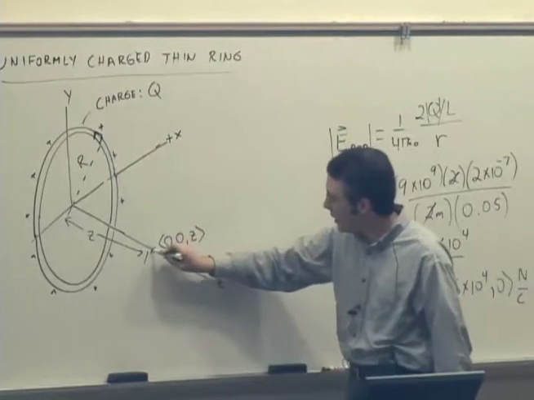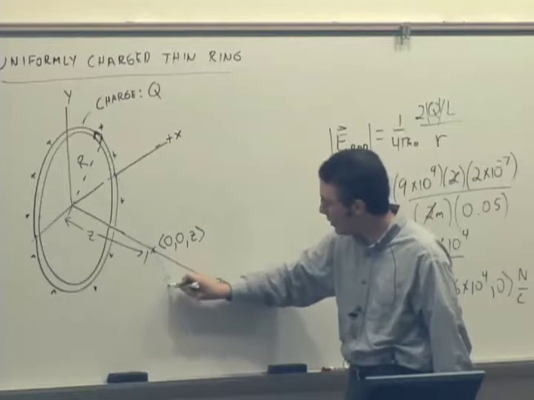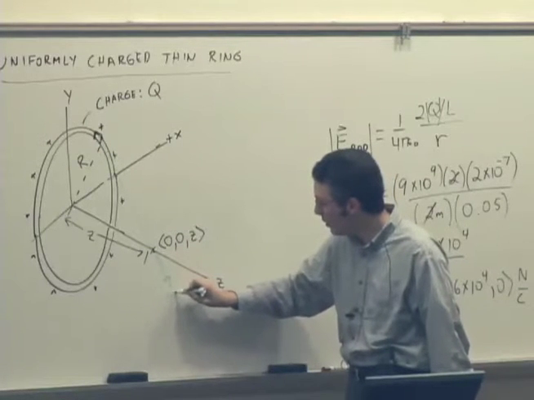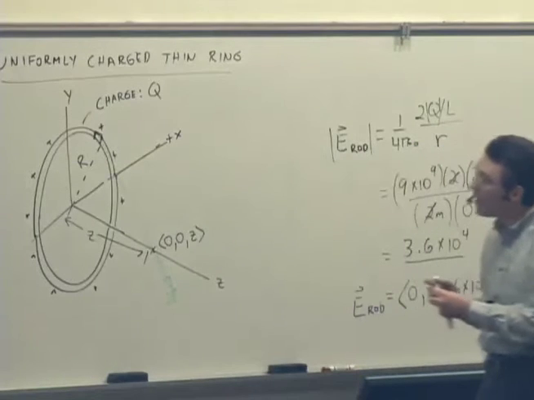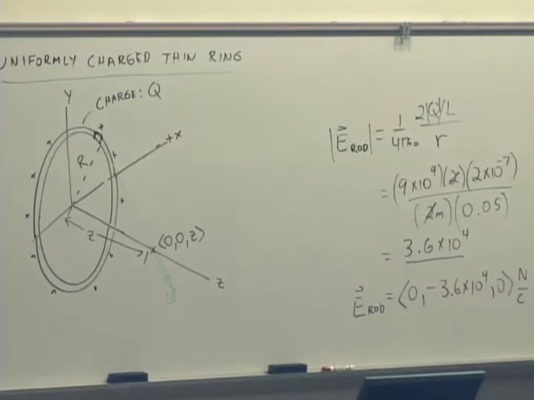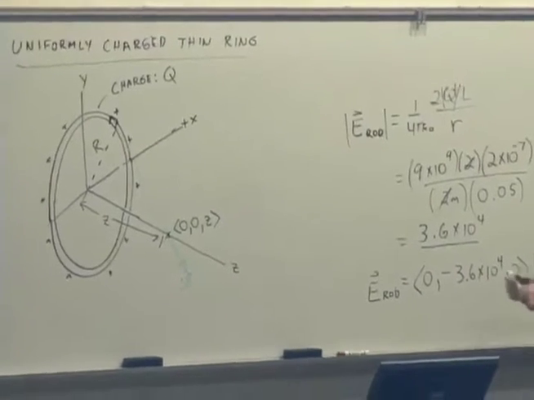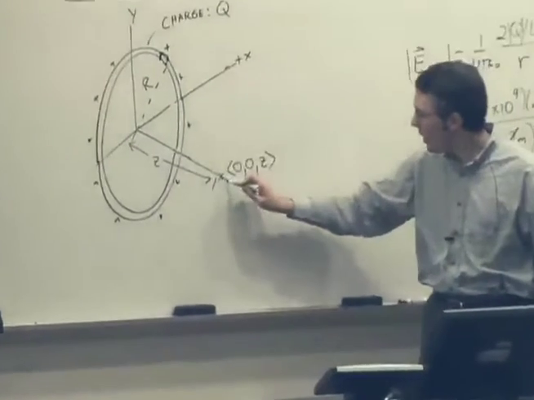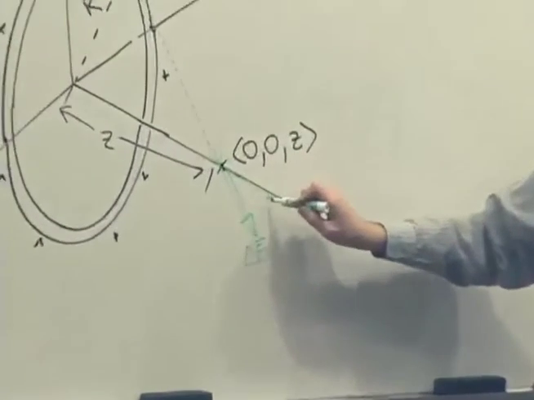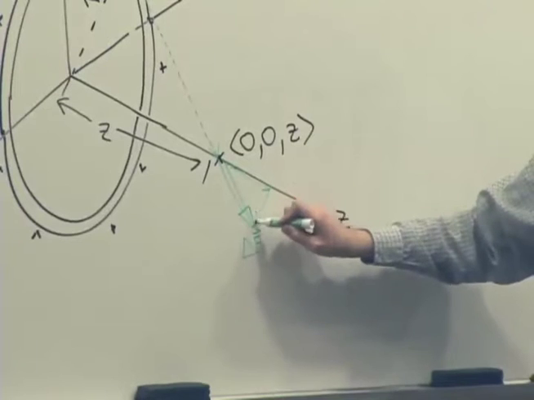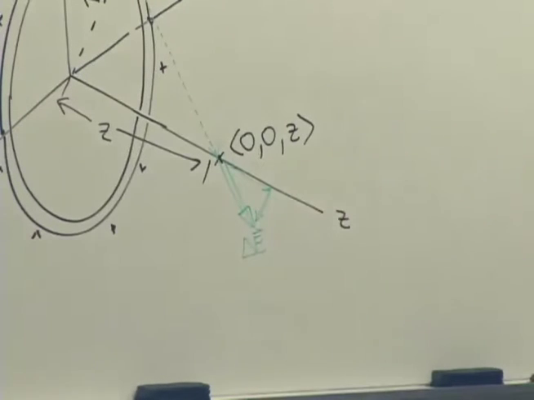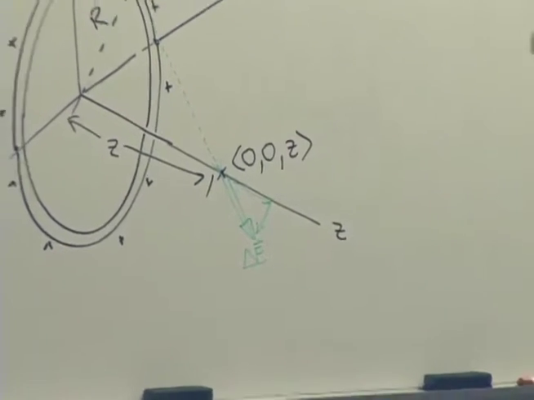And then the delta E would point away from that positively charged piece. And so we have something that has a z component, an x component, and a y component. But what's going to happen to all the x and y components when we add everything up? They're all going to cancel out, right?